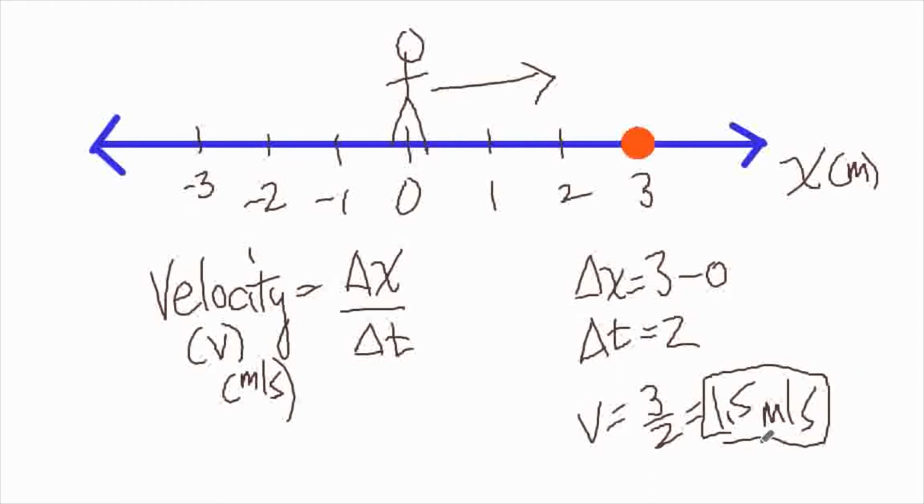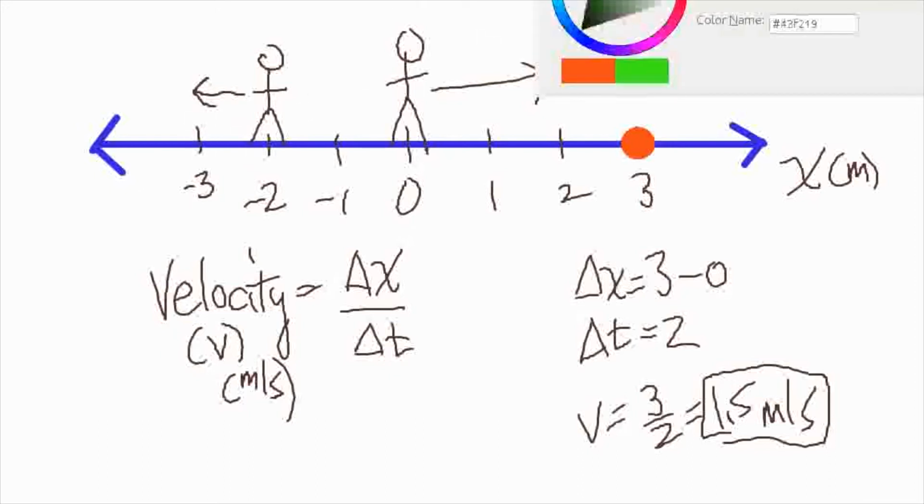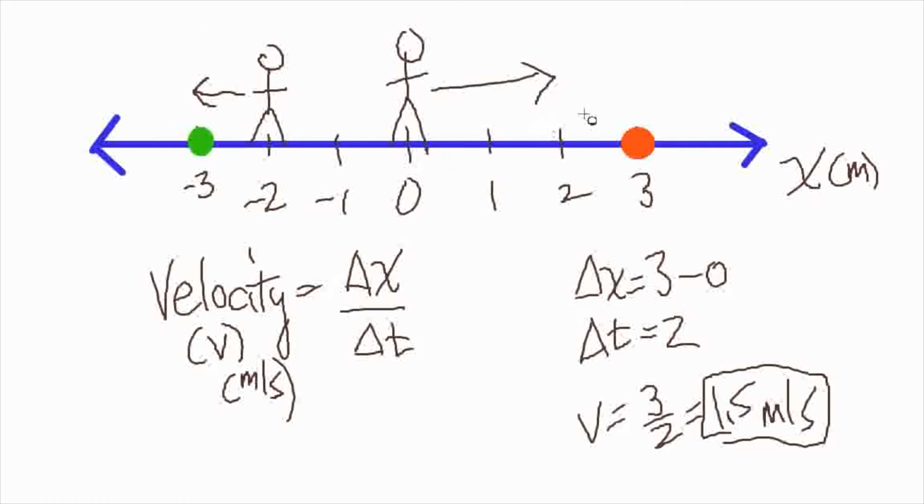All right, let's do an example of, let me make another person. Let's say I had somebody on -2, and it took them 10 seconds to get to the -3, so they weren't as fast. All right, so just go with me on this one. So let's calculate the velocity for that. So I'll do this in the upper left.